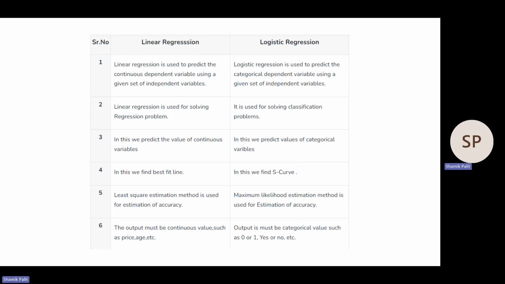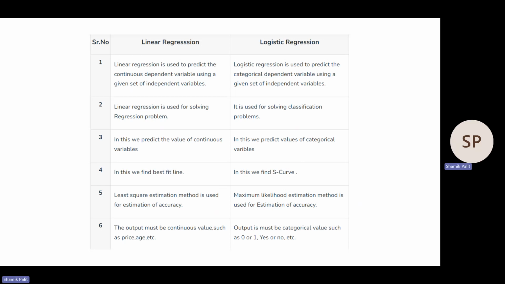Whereas logistic regression is used exclusively for the categorical variable, isn't it? At the same time, there is a close relationship between linear and logistic regression, because the concept of linear regression is also used for solving any kind of logistic regression problem.